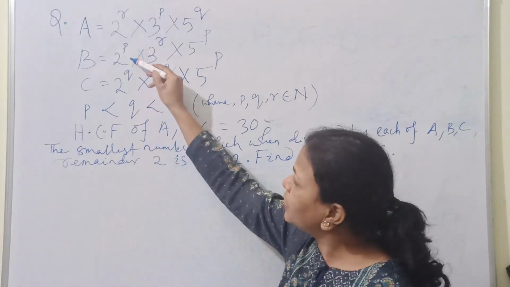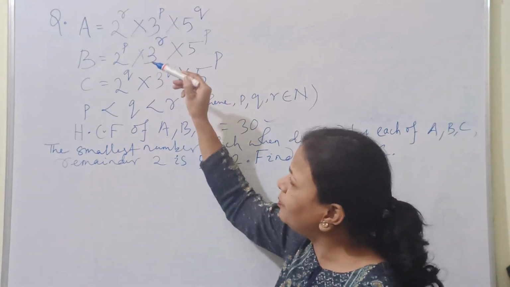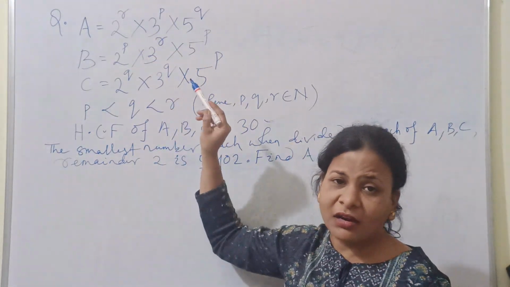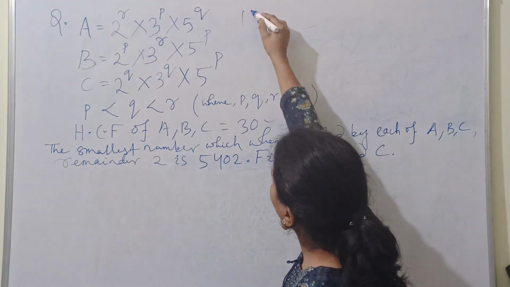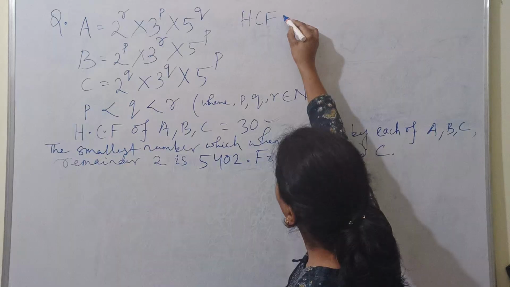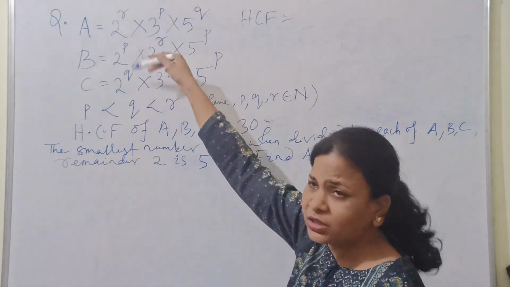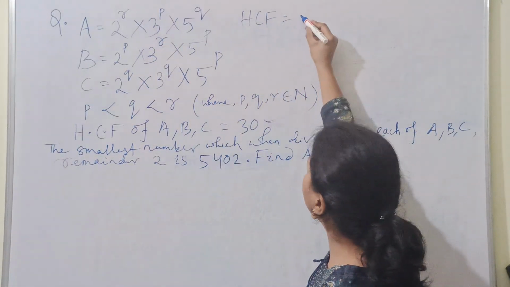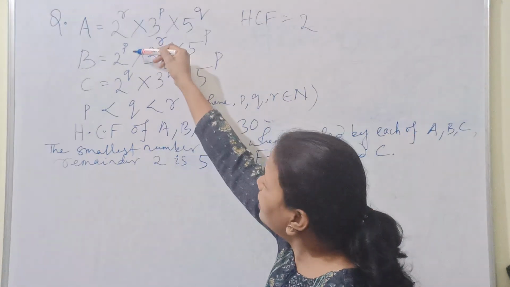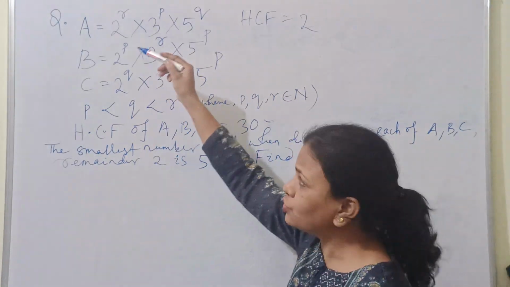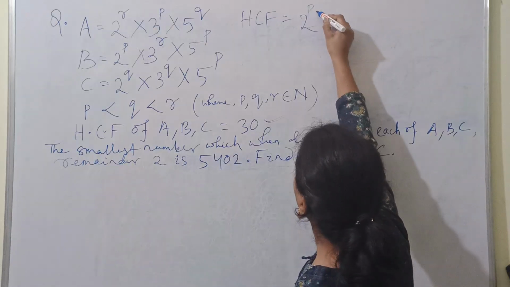So we would pick 2 to the power p while finding the HCF of A, B and C. When we find the HCF, we choose the smallest power of the given prime factor. 2 is the prime factor whose powers are p, q and r, and out of them p can be chosen. So 2 to the power p.